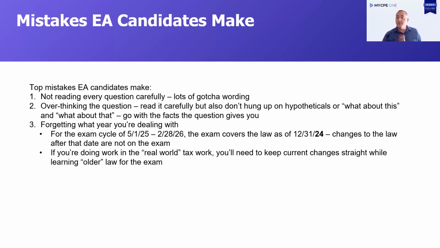And I'll look at a sample question and think I know the answer. And then I have the answer key, luckily. And it's like, oh, I was wrong. And it's because I read the question too quickly. You have to read the question carefully and make sure you really understand what it's asking. Because the people who write these questions, they're trying to throw you off with the wording. There's lots of gotcha wording on questions.